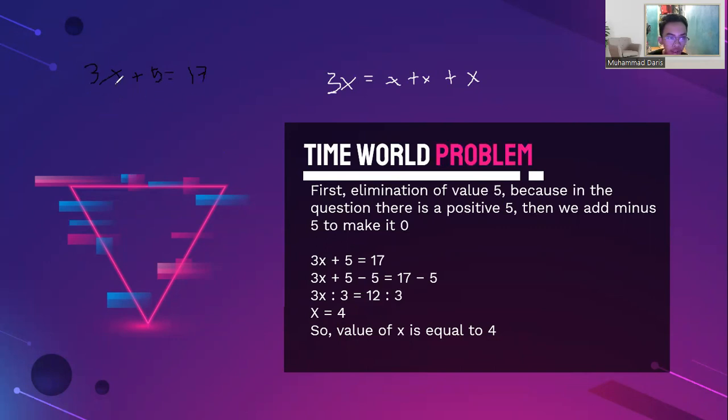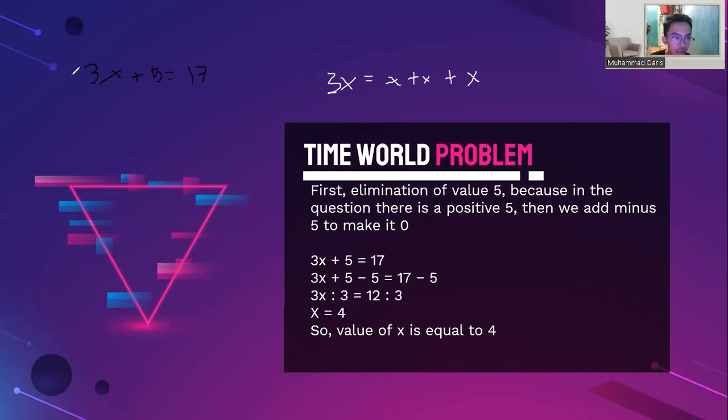Then in this equation we will put the variable on the left side and the constant on the right side. To move it, we can subtract on the right side and the left side, 5.